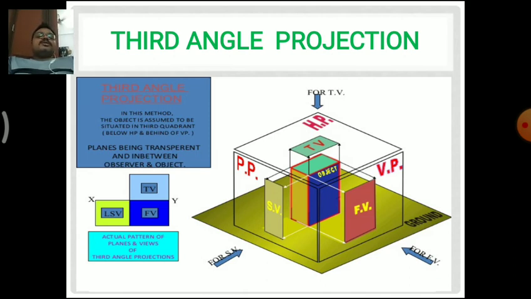So these are the different types of views. HP means horizontal plane, VP means vertical plane, PP means principal plane.